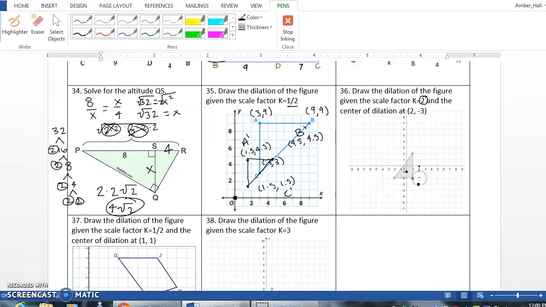This point is 5 up and 1 across, so we just do that again, 5 and 1. This one is 4 and 1, so we go 4 and 1. So our dilation, scale factor of 2, is just like that.